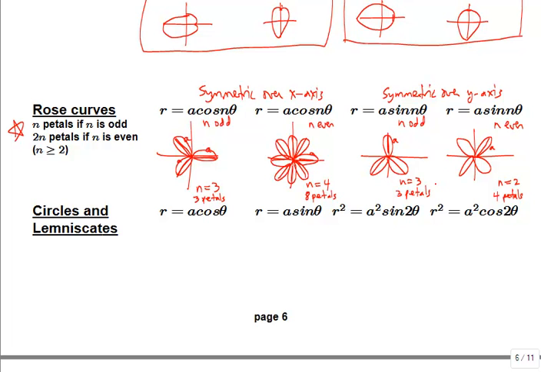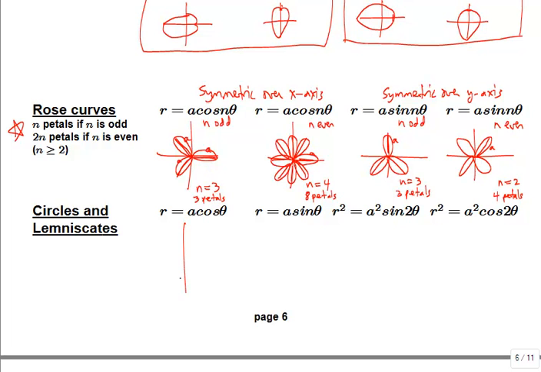Okay? The last kind of graphs that we're going to look at are circles and lemniscates. So circles look just like your roses, except there's no n next to that theta. So your circle would be r equals just a cosine theta or a sine theta. So there's no n in front of that. So it's like having a rose but with only 1 leaf because your n is 1.